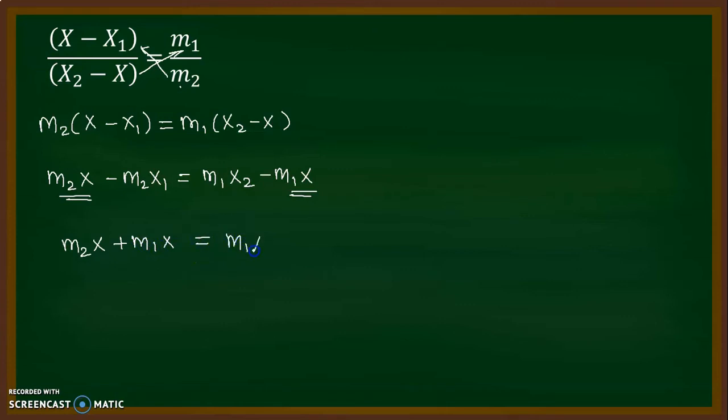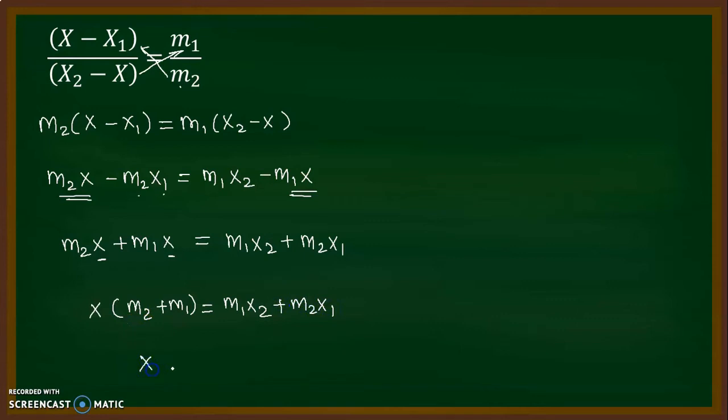This is m1x2 here, and if you put this m2x1 to the right hand side, then it becomes plus m2x1. Now here we can take this x common from both of these, so remaining is m2 plus m1 is equal to your m1x2 plus m2x1.